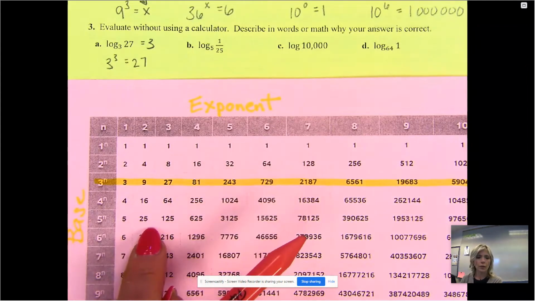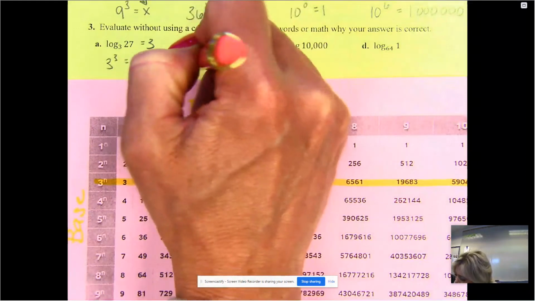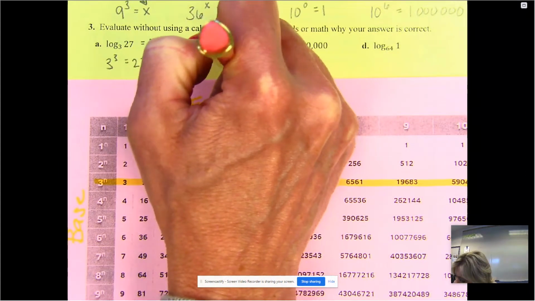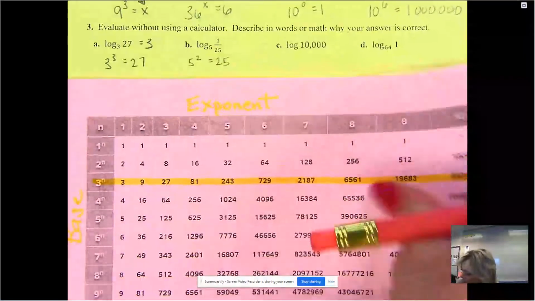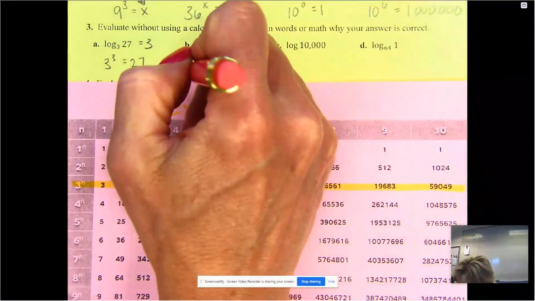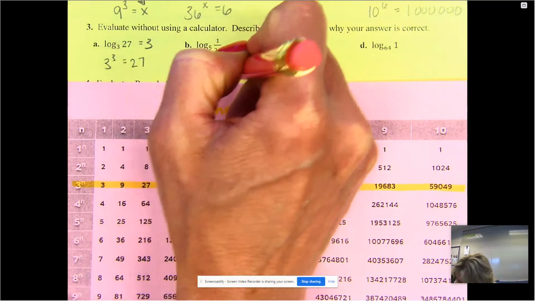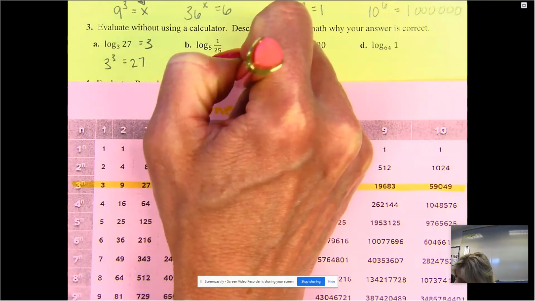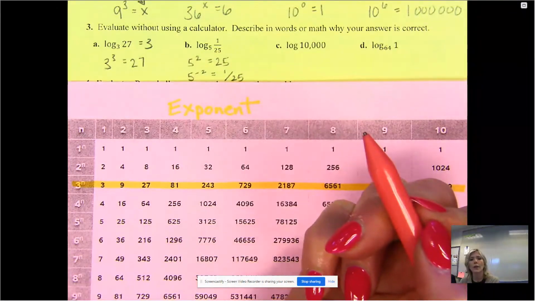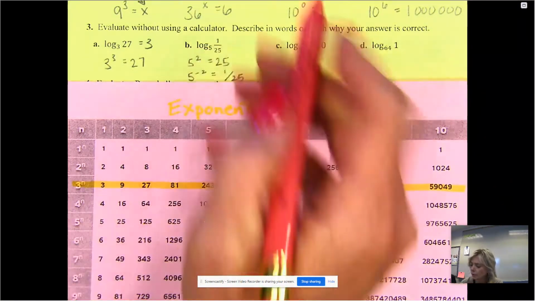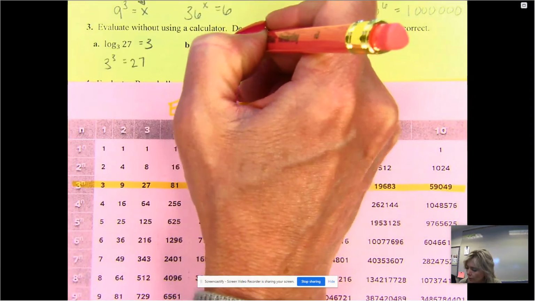So kind of a couple things here. First of all, if 5 to the second is equal to 25, then 5 to the negative 2 is equal to 1 over 25. And that's just how negative exponents work. So this is the one that relates to the problem. So this answer is negative 2.